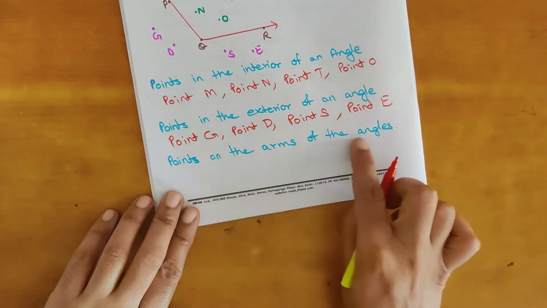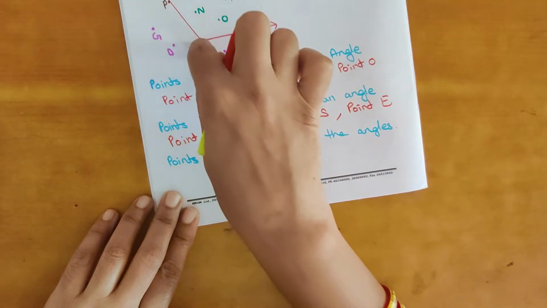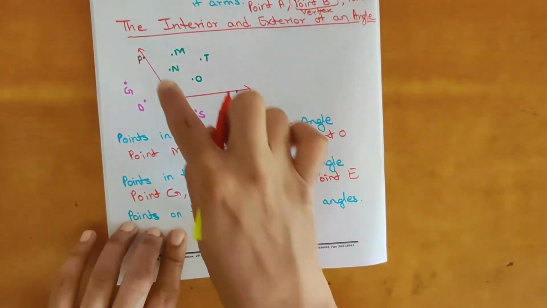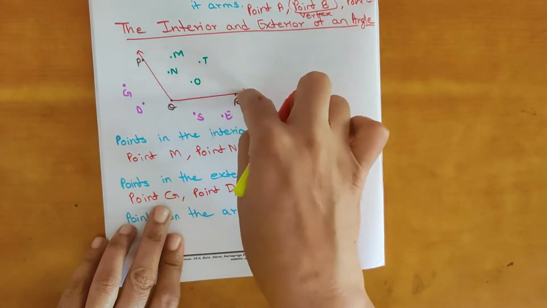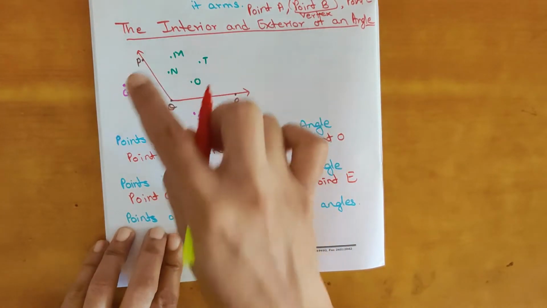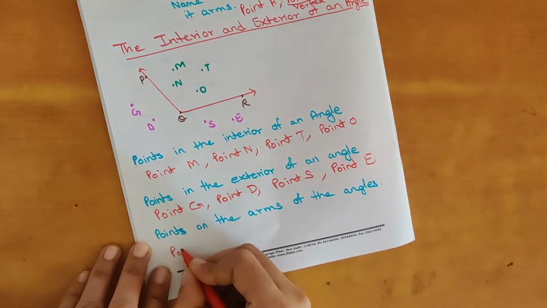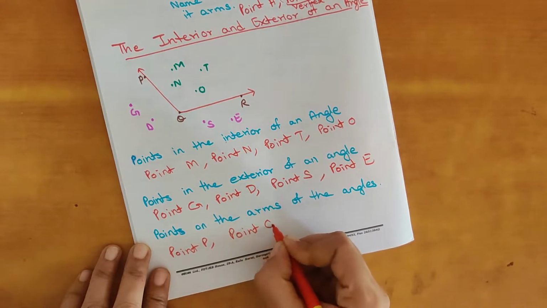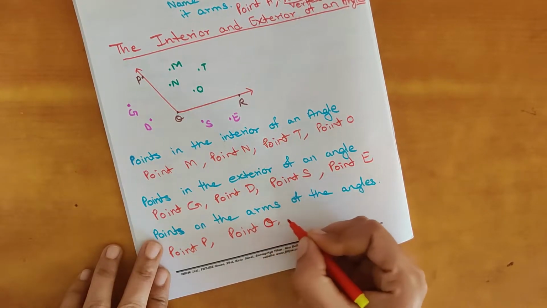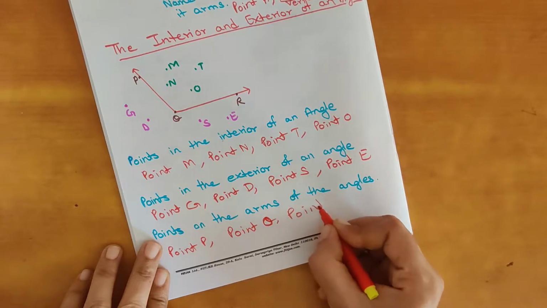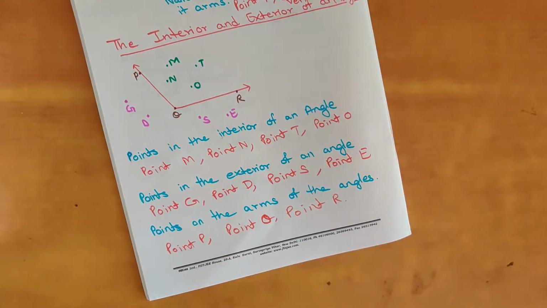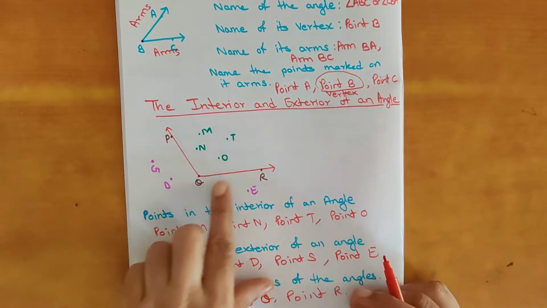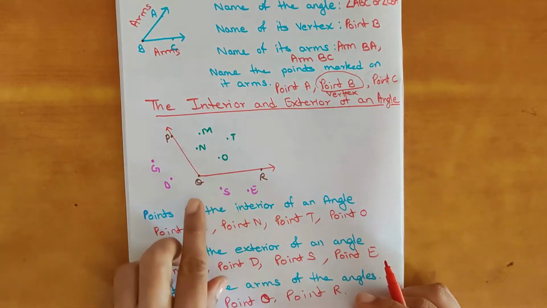Now points on the arms of the angle. Can you see the brown color points? They are on the arms. On the arms means they are lying on the angle, or they are lying on the arms. So they are point P, point Q and point R. So we have learnt here points in the interior and exterior of an angle.